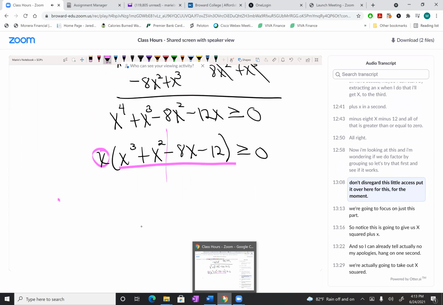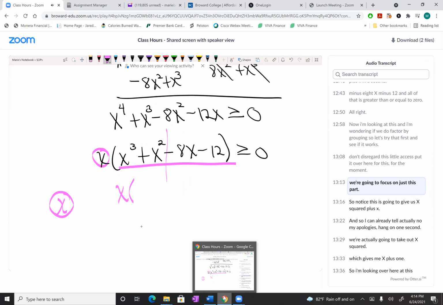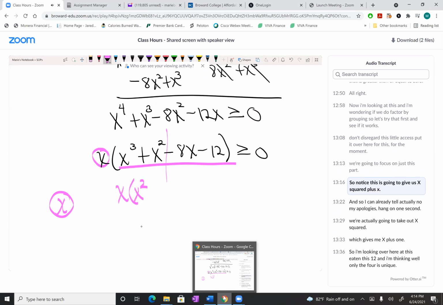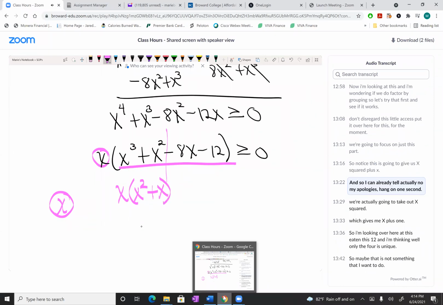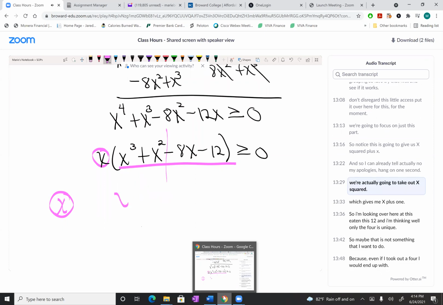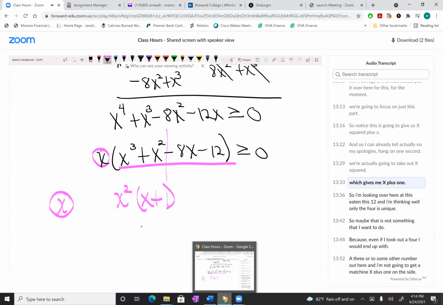So disregard this little x, just put it over here for the moment. We're going to focus on just this part. So notice this is going to give us x squared plus x. And so I can already tell, actually, no, my apologies. Hang on a second. We're actually going to take out x squared, which gives me x plus 1.